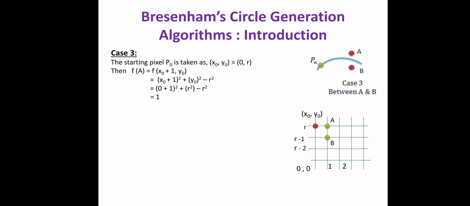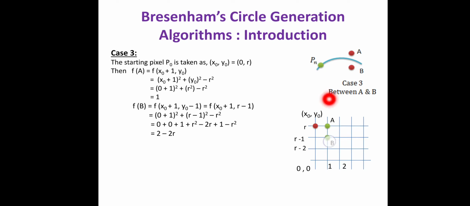So (0 plus 1) whole square plus y square, where y is r. The value of x is 0 and the value of y is r. So it is (0 plus 1) whole square plus r square minus r square. The r squares get cancelled, and the value of f of a is equal to 1. f of a equal to 1 means f of a is greater than 0, which means the point is lying outside the circle.